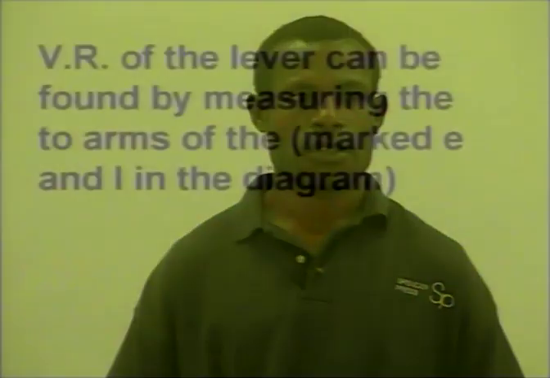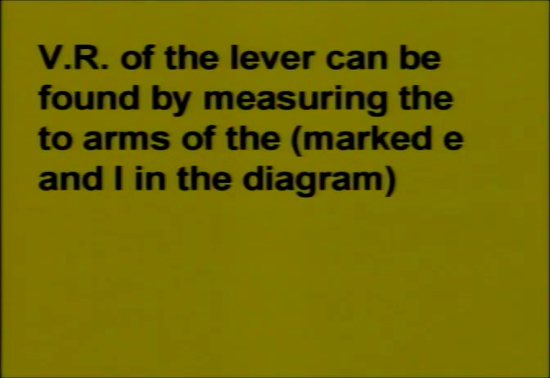Okay, the velocity ratio of the lever can be found by measuring the arms marked E and L, which will be shown in the next diagram on the screen.